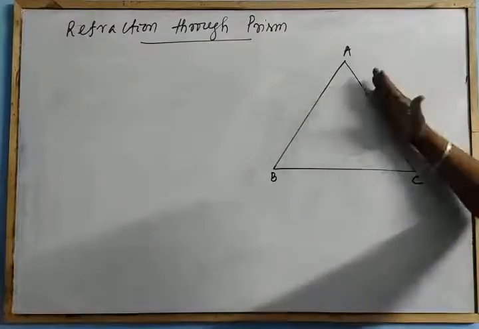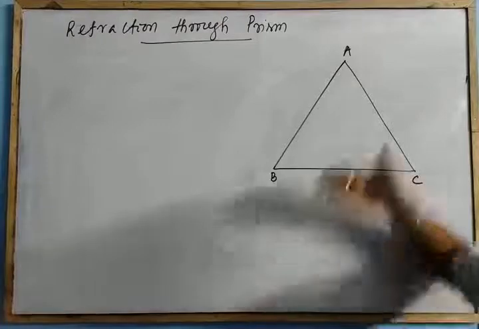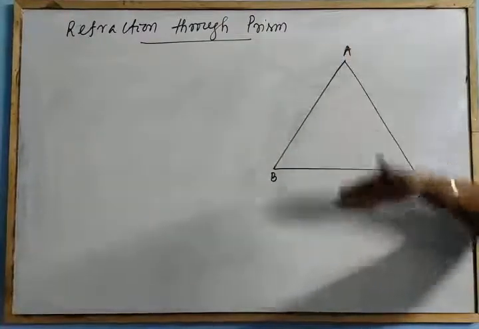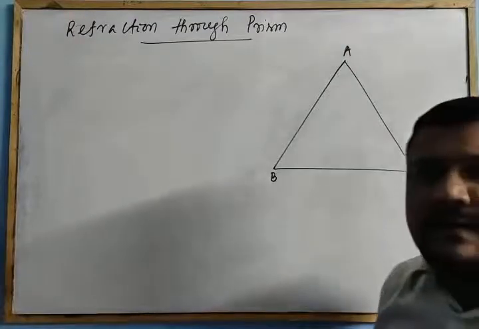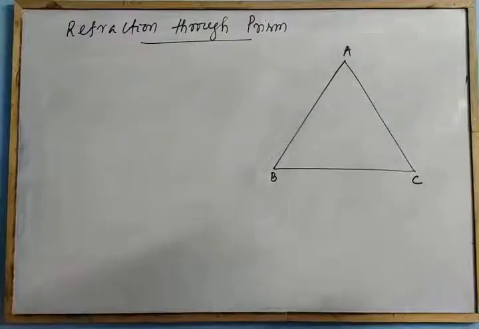This is the refracting surface, this is another refracting surface, and this is the base. The plane is perpendicular to the edge, so that is the principal section, right?